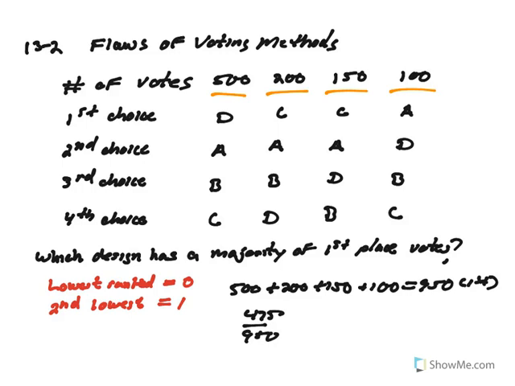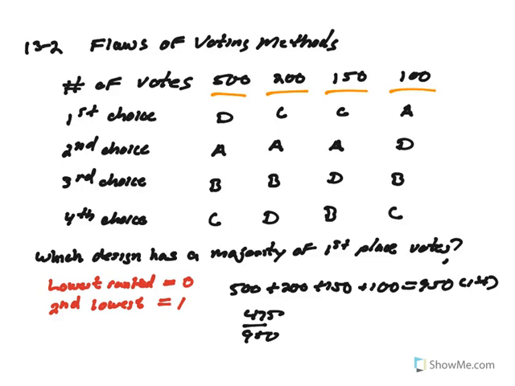So when you add them all up, you determine half of 950 is 475. Once we establish that, you look at the given preference table, and you can see from the top row that B did not receive the majority of the first votes.